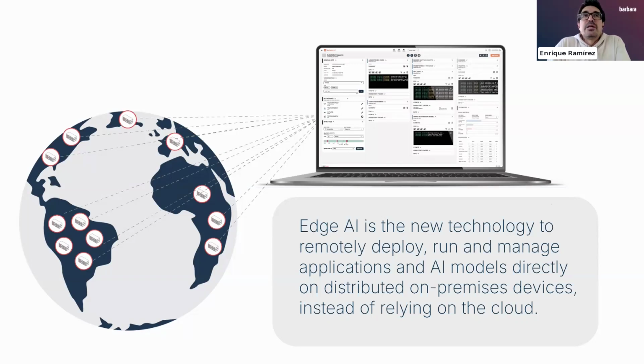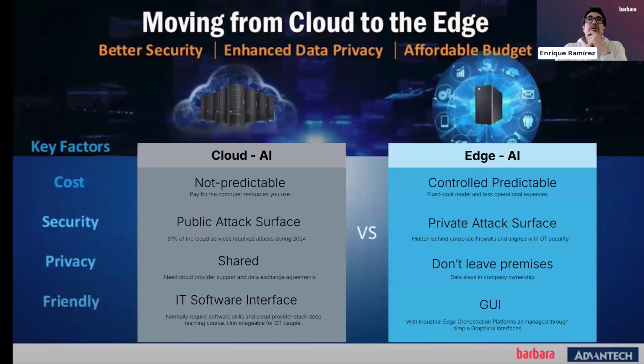This is what we call edge AI, as opposed to what we used to have with the cloud. We used to run the AI models in the cloud, and now the proposal is to put all these algorithms, all these AI models, on premises, near where the data is originated.